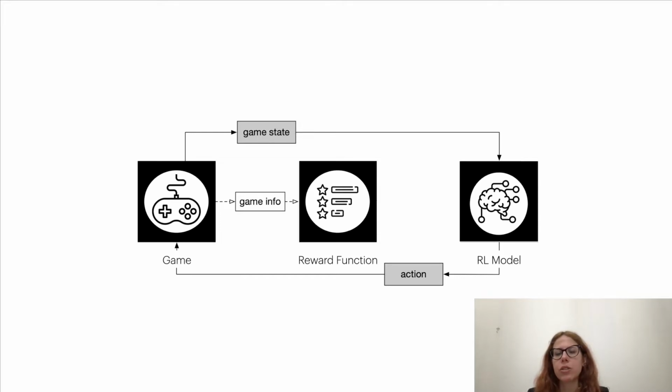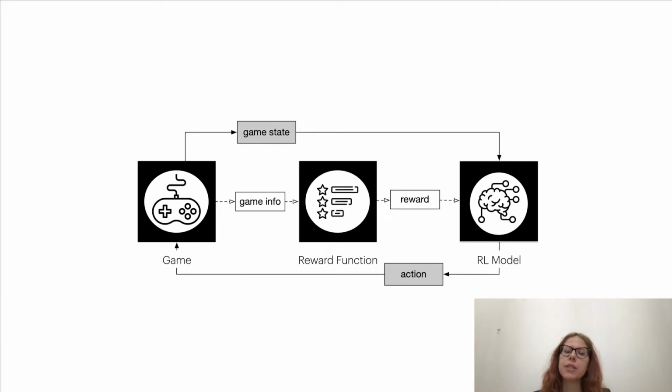So, information that describes how well the agent is performing in the game. Based on this information, the reward function provides the reward to the reinforcement learning model, so to the agent.